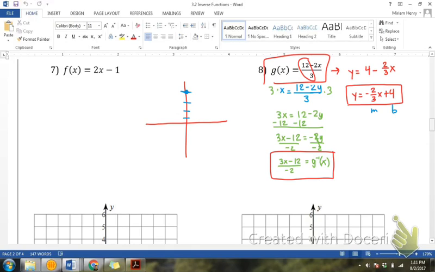To the right. If I go down 2, I'm going to the right 3. So down 2, 1, 2, 3. So I should only have these 2 points on my graph right now. And I'm going to draw a line. This was my original function, so I'm putting g of x on this line because that was my original function. That was the g of x line.